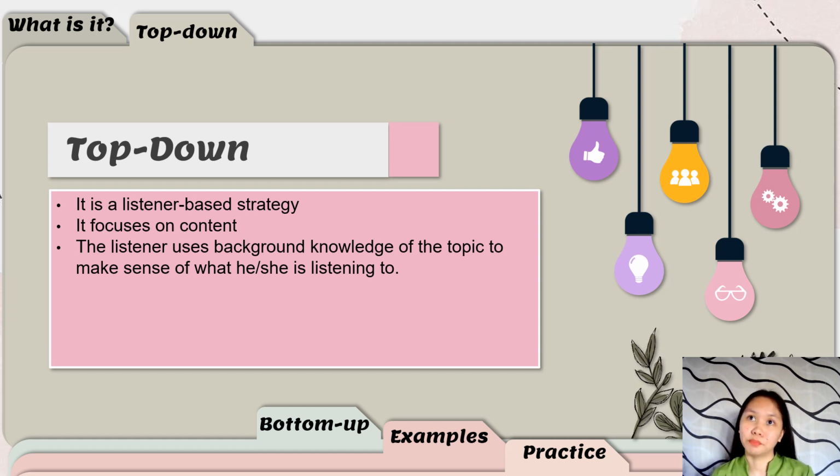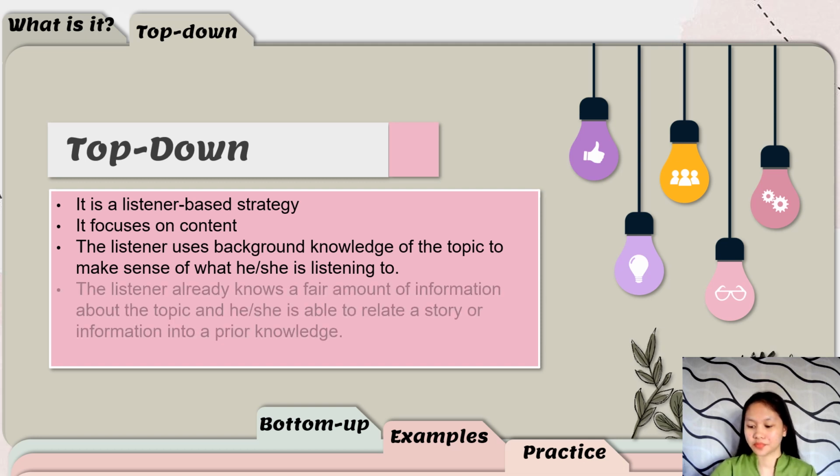You have prior knowledge about the topic. You know what the lesson or the topic itself is, and you are listening to gain more knowledge about the topic, or to get the deep meaning or a deep idea about the topic.